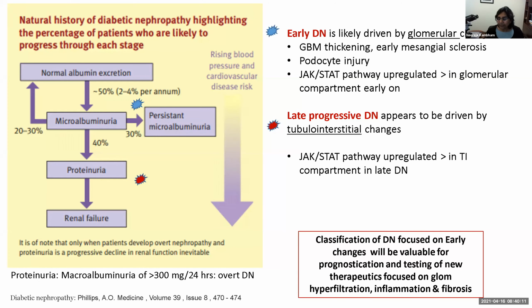Classification of diabetic nephropathy focusing on the early changes will be very valuable for prognostication, as well as testing of new therapeutics. Several molecules are being tested and are in the pipeline, focused on glomerular hyperfiltration, inflammation and fibrosis. And as you can see, this is not an easy task.